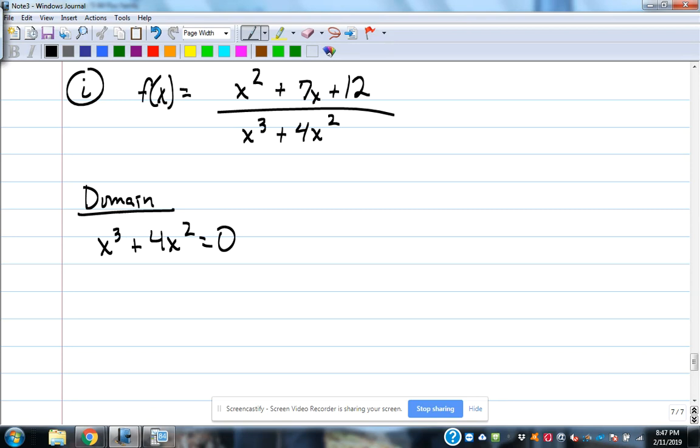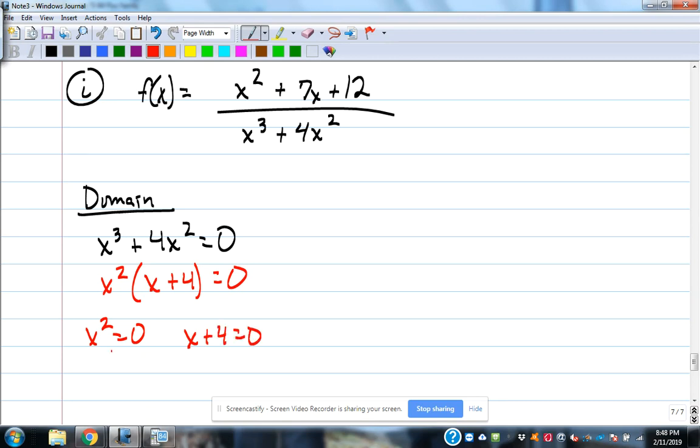Again, what method are we trying to use to solve this thing? Factoring. That's what we want to try to use. Well, how do we factor that? x squared is the GCF, leaves us x plus 4 in the parentheses. We set each of those factors equal to 0.